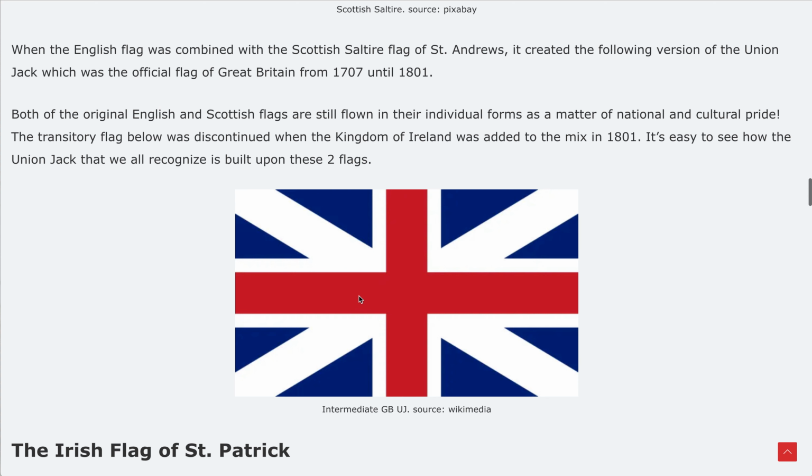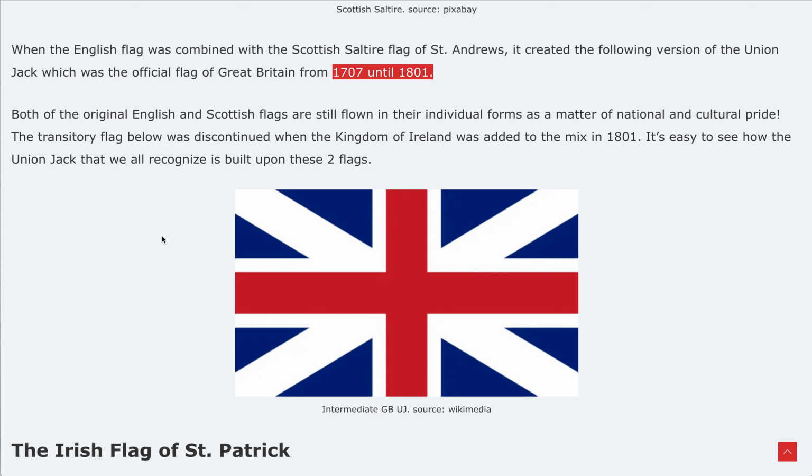Okay, you see the English St. George, St. Andrew's cross, which produces the next in the series before it became our modern Union Jack. So when the English flag was combined with the Scottish flag, it created the following version of the Union Jack, which was the official flag of Great Britain from 1707 until 1801. So during those years, it was the flag of the empire.